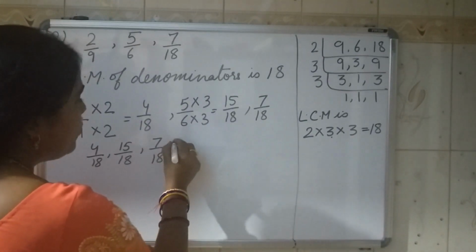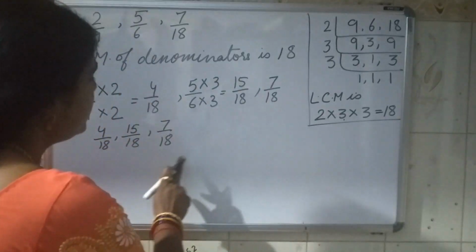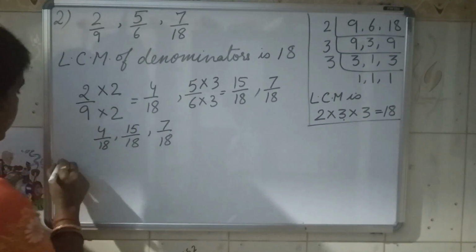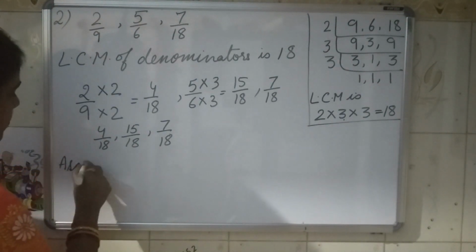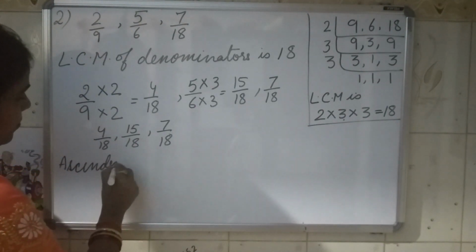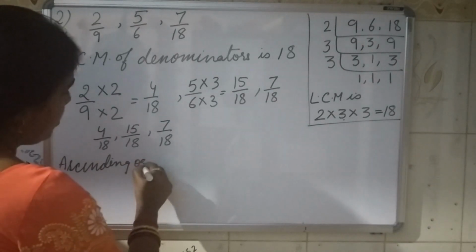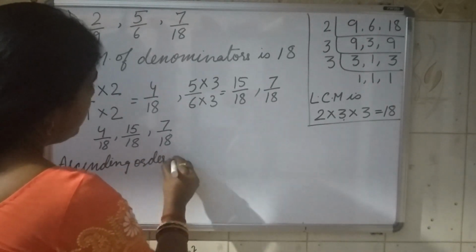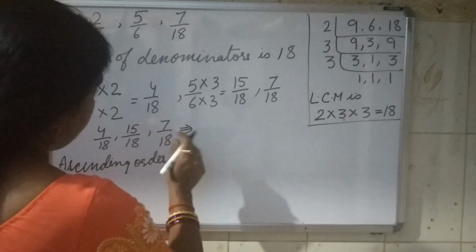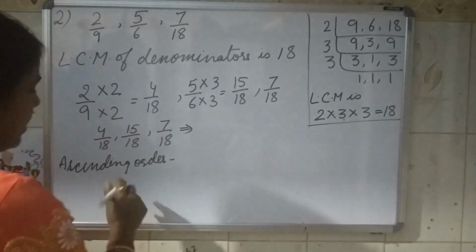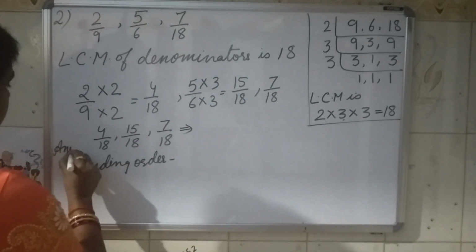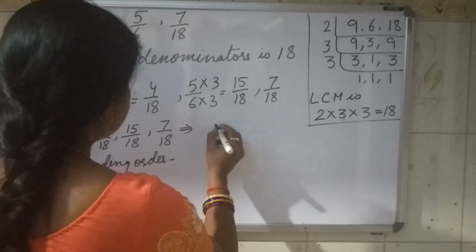So first I am going to do the ascending order. Here only I am going to arrange the ascending order, then I will write the answer here. So ascending order means smallest to biggest.